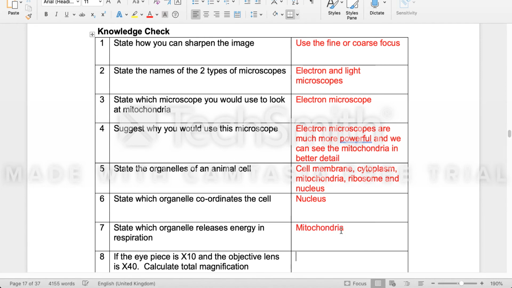Okay. And number 8, if the eyepiece is 10 times magnification and the objective lens has 40 times magnification, what is the total magnification? So if you remember from before, to get total magnification, all you have to do is multiply the eyepiece magnification and the objective lens magnification. So 10 times 40 would be 400 times total magnification.